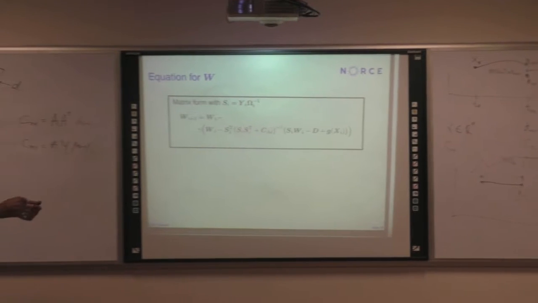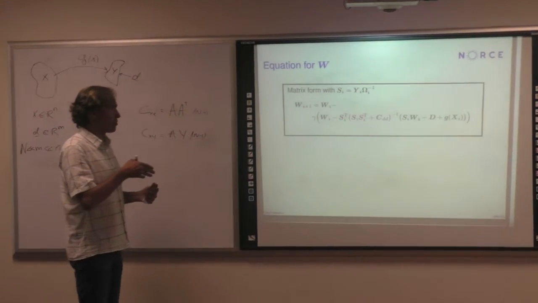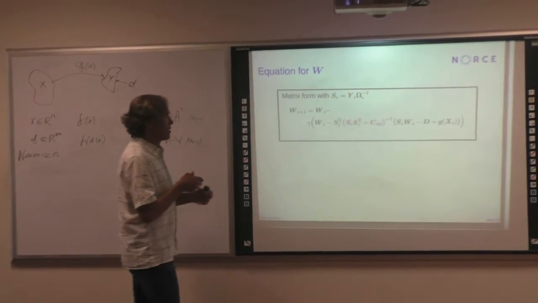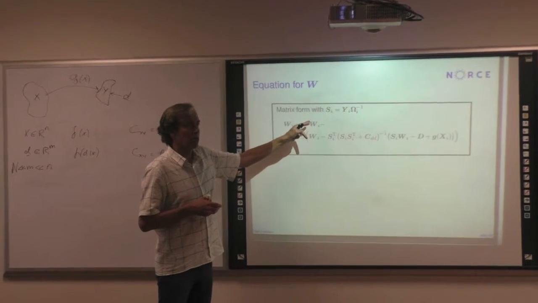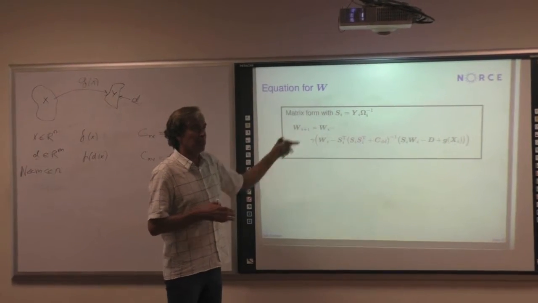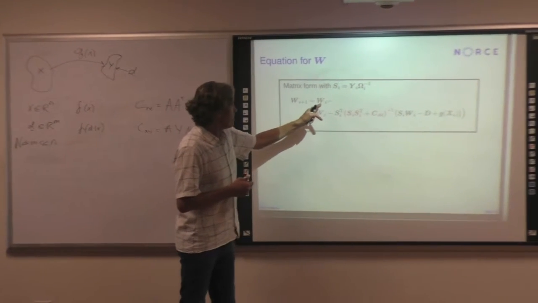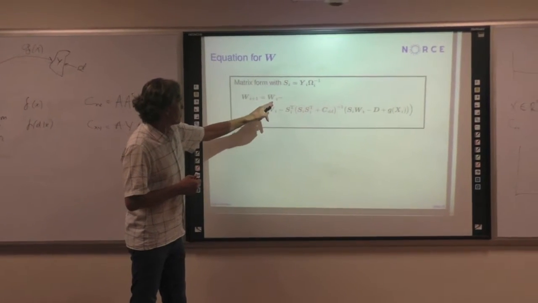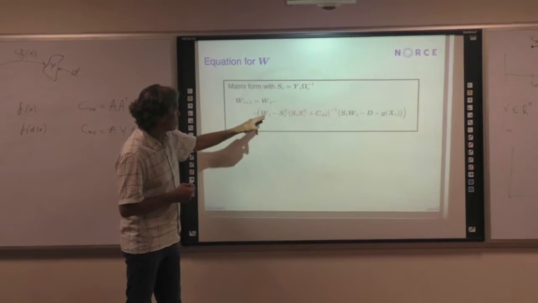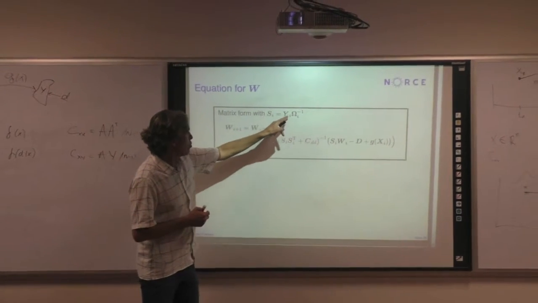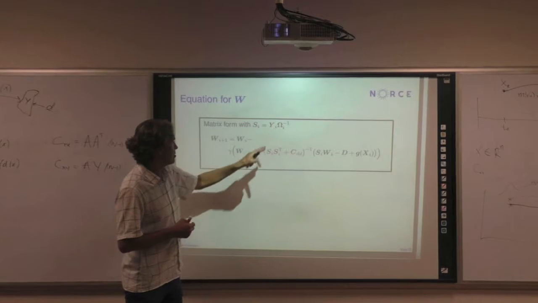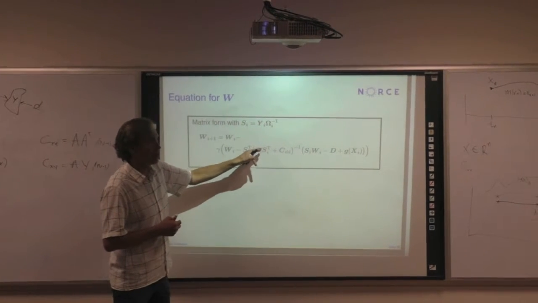Let's look at a special case. If you are at the first iteration, then this W is 0 initially, meaning that you start from your prior. Then, if W is 0, this disappears. Omega will be equal to the identity, so this is just the Y's.